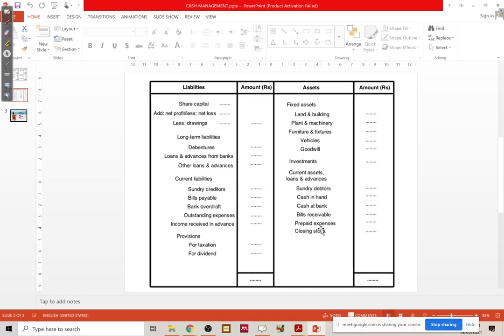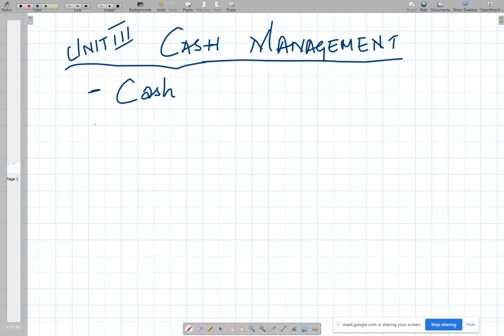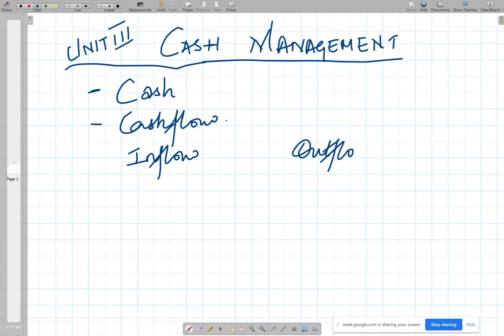So it's a current asset, and the cash flows in and out of the business in different ways. We have this concept called cash flow. Now the movement of cash will decide whether it is a cash inflow or a cash outflow.